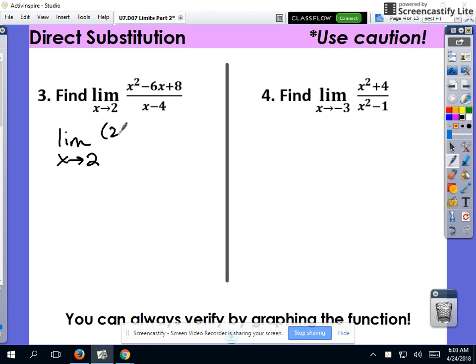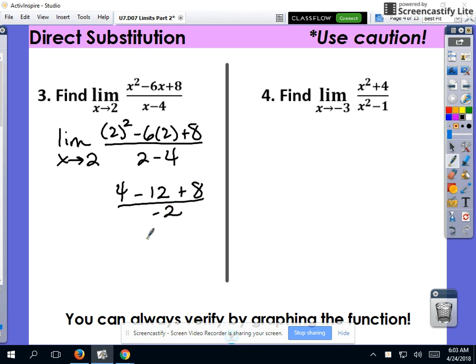If we plug 2 in everywhere there is an x, it's going to look like that. And let's simplify that down. 4 minus 12 plus 8 over negative 2. And that ends up giving us 0 over negative 2, which equals 0.